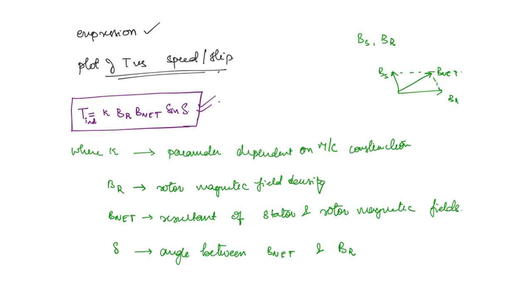So what are the three factors that you have here? BR, B net and sin delta. If we can get a relation of these three parameters with respect to speed or slip, then we can easily get the characteristic of the induced torque with respect to the speed and slip. So we will go one by one.